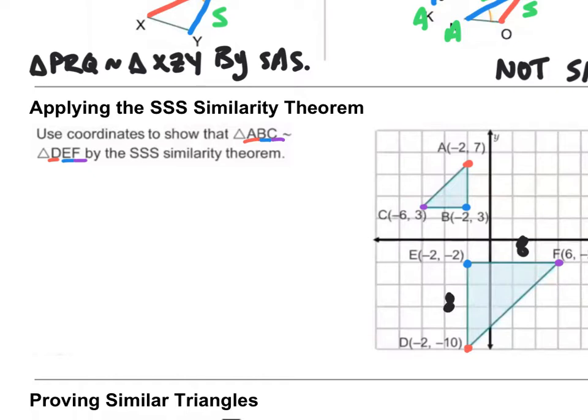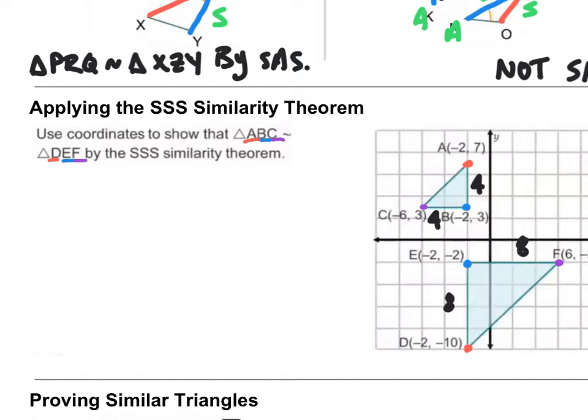Okay. If I look over here, it's kind of hard to see, but the length here goes from a y value of 3 to a y value of 7, so this is a length of 4. Okay, and then this length over here is a length of 4 as well.